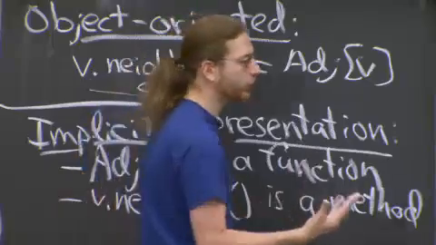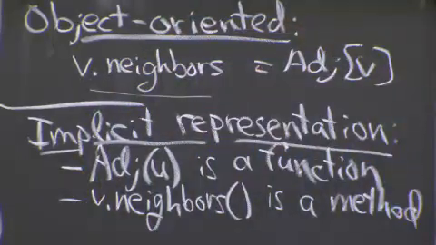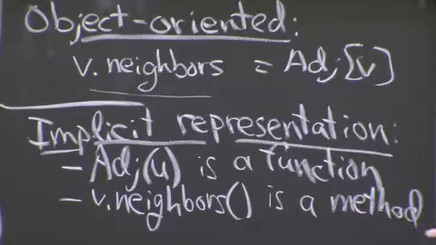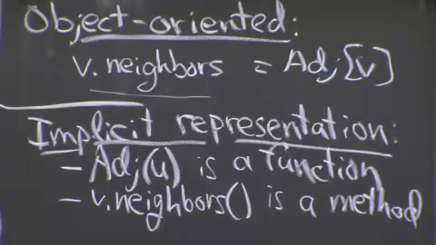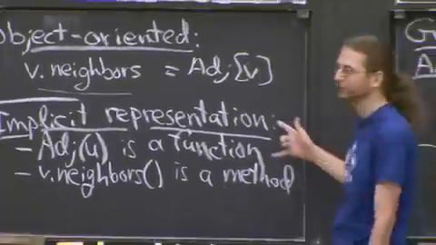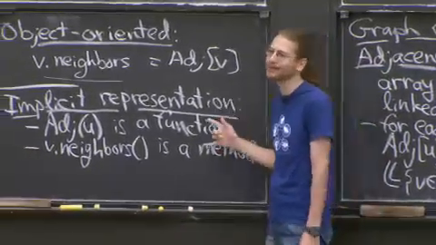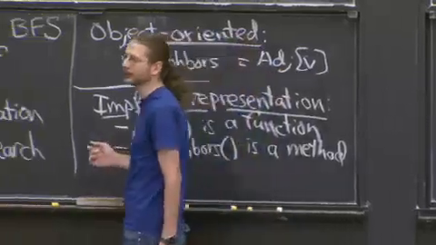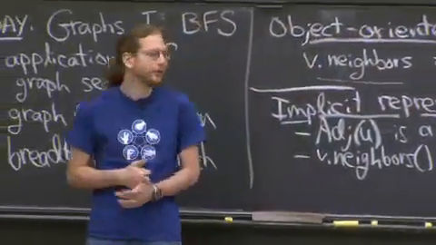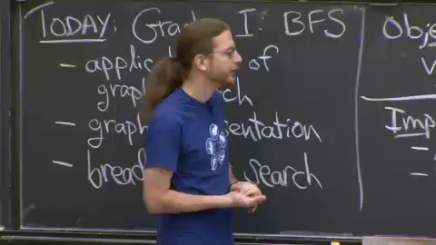Meaning it's not just stored there explicitly. Whenever you need it, you call this function and it computes what you want. This is useful because it uses less space. You could say this uses 0 space, or maybe v space, one for each vertex. Depends. Maybe you don't even need to explicitly represent all the vertices.